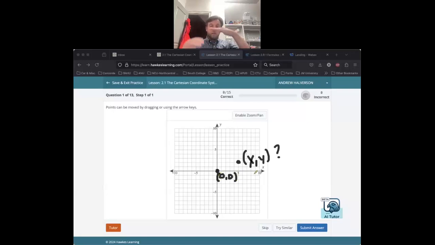The center is 0 along the horizontal direction and 0 along the vertical. To the left of it are negative values. To the right of it are positive values. Similarly, going up is going to give you a positive value, and going down is going to give you a negative value.